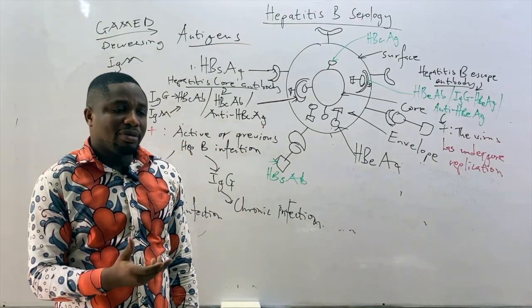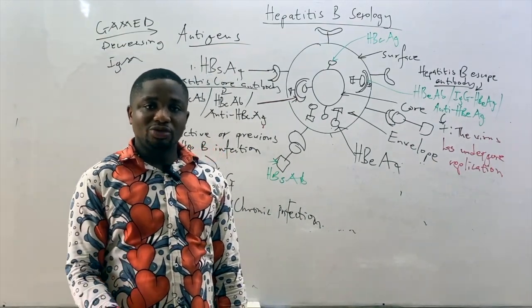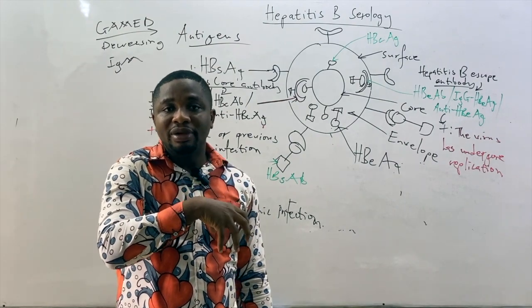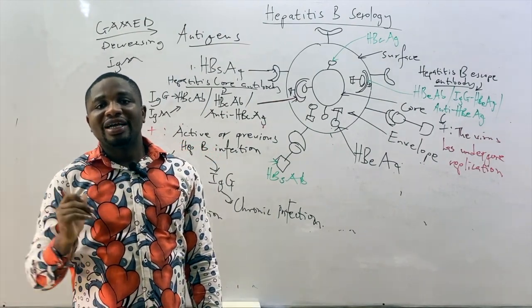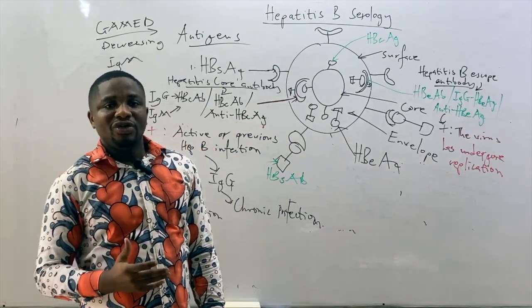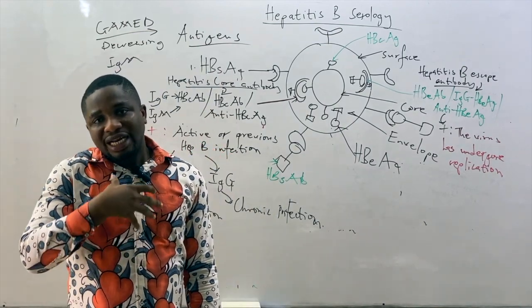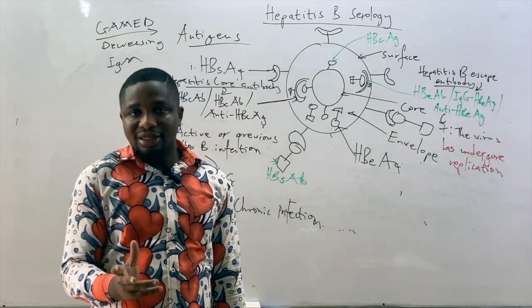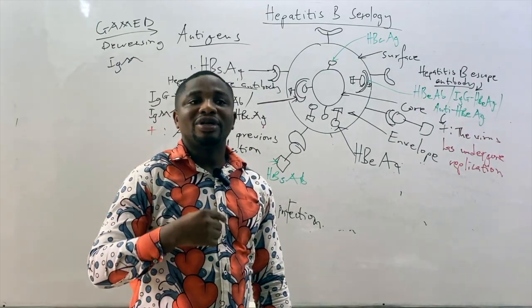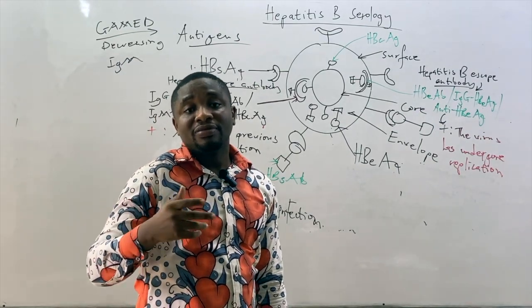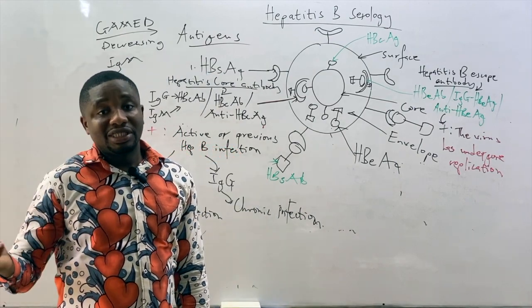Then we spoke about hepatitis B e antigen, which is located in the envelope, so it can also be regarded as the hepatitis B envelope antigen. Anytime it is positive, it tells you of active viral replication. Hence, it is considered a marker of active viral replication and infectivity.